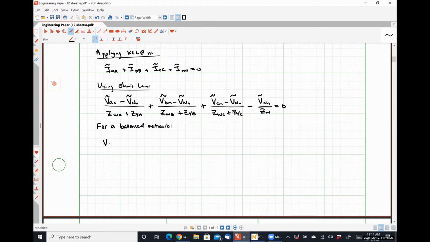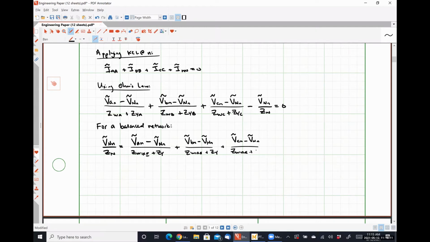We will have V capital N lowercase n divided by Zn will be equal to VAN minus VNN divided by Z wire plus ZY, plus VBN minus VNN all over Z wire plus ZY, plus VCN minus VNN all over Z wire plus ZY.